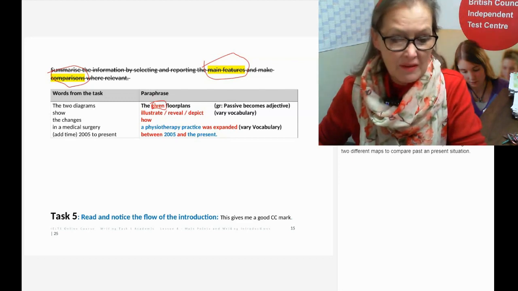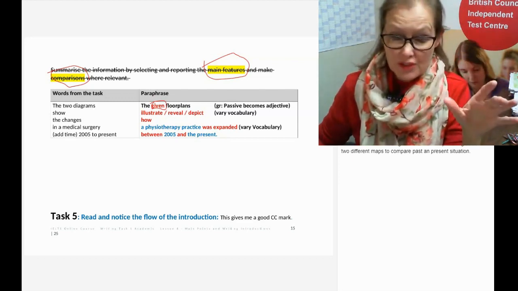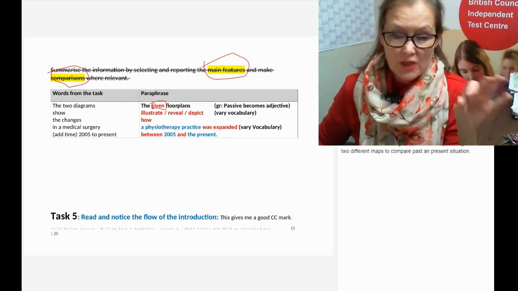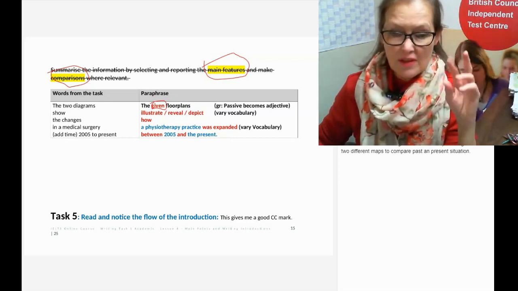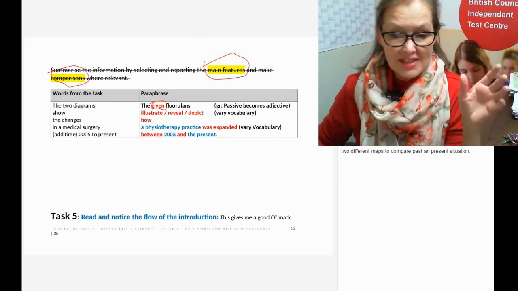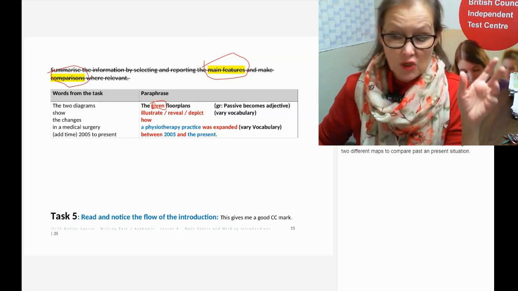Task number 5. Let's have a look. Now what I want you to do is just read and notice the flow of the 2 introductions. This is going to give me a good CC, or coherence and continuity mark, for my introduction.